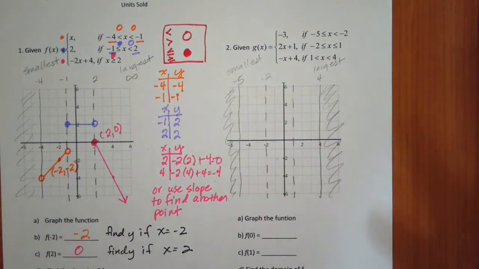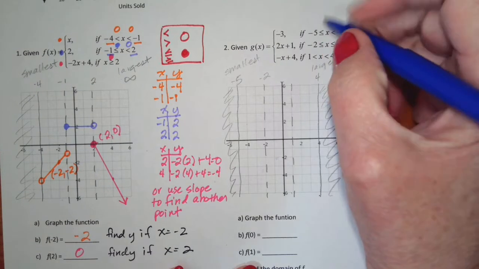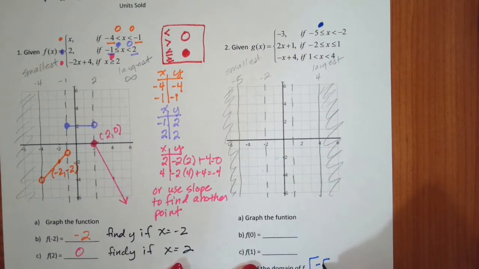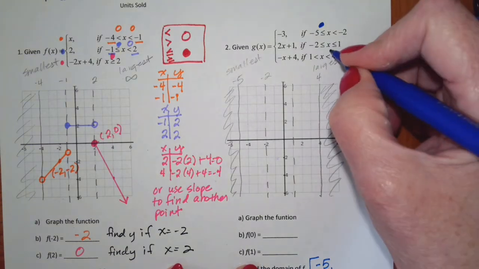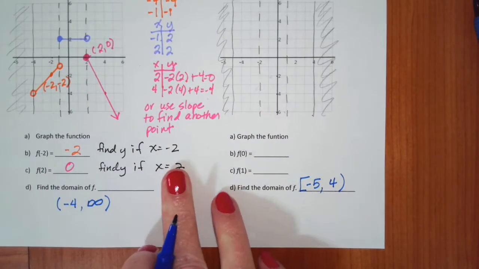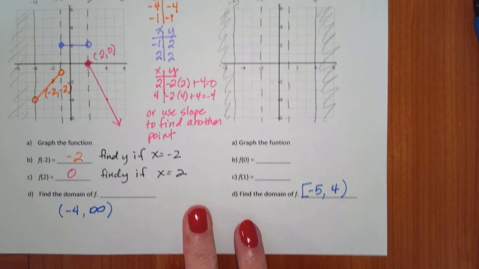So I can go ahead and do my domain. This is going to be a closed circle, so it is going to go from -5. This is going to be an open circle, so it's going to go to 4, but it is not going to include that point. Okay, and we'll confirm that again.